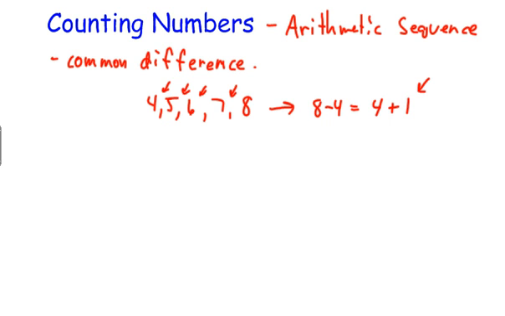and so the key is to add 1. Now, if the numbers are separated, like this, it is still an arithmetic sequence. The difference between each successive number is 3. When I do 16 minus 4 and get 12, that tells me how much distance is between 16 and 4.